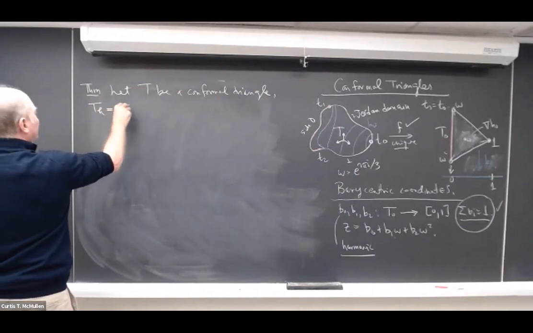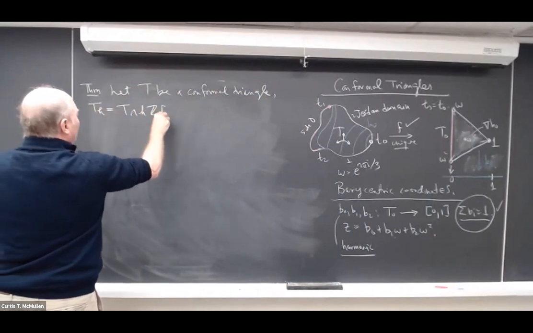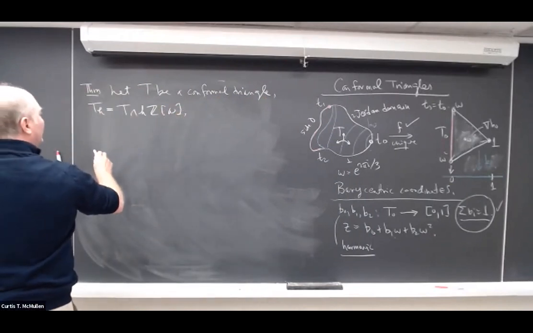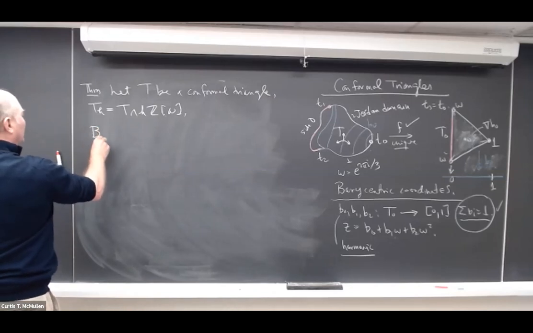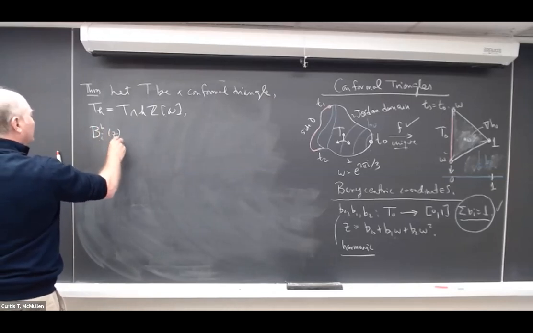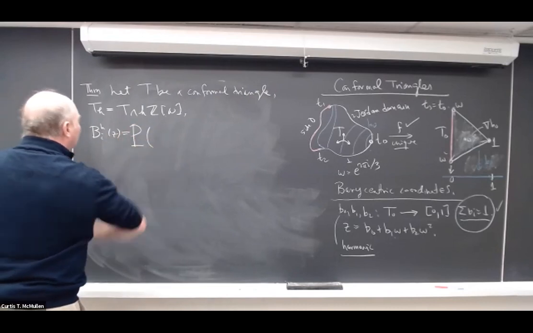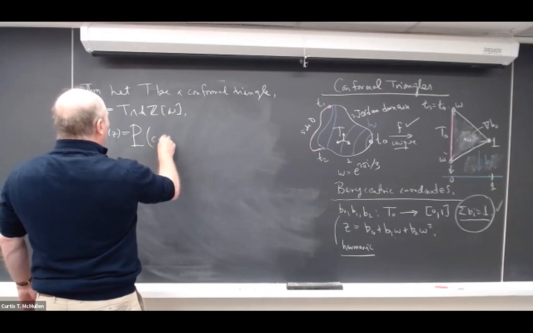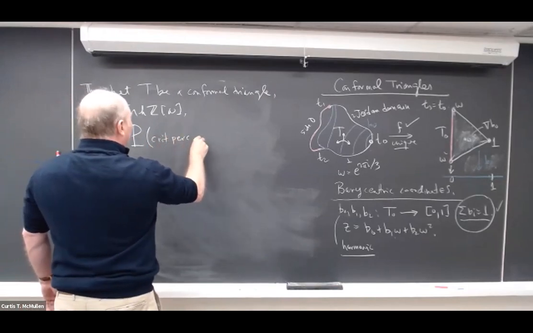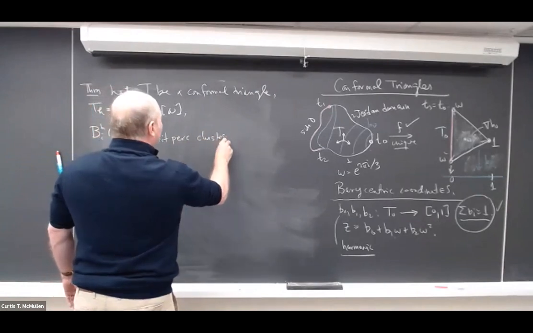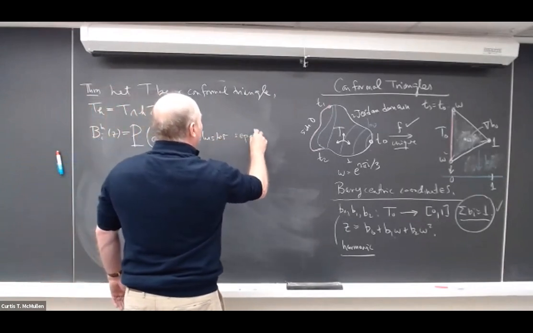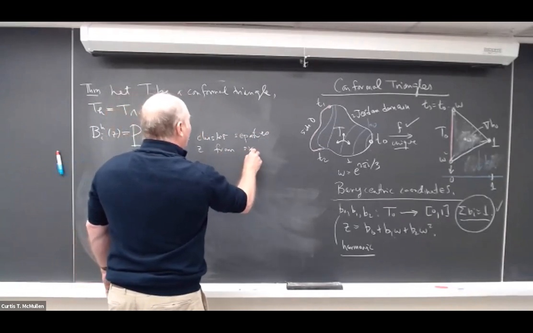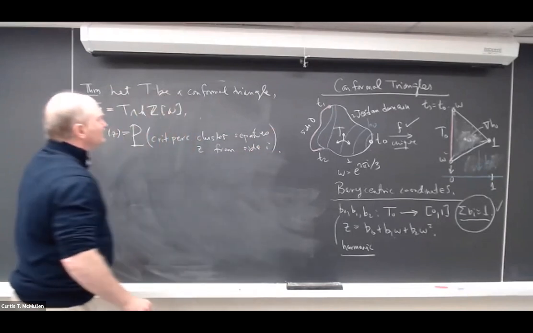Let T_h, as usual, be T intersect a rescaled triangular lattice. And I'm going to define a function B_i^h of z as the probability that a critical percolation cluster separates the point z from side i of our triangle.